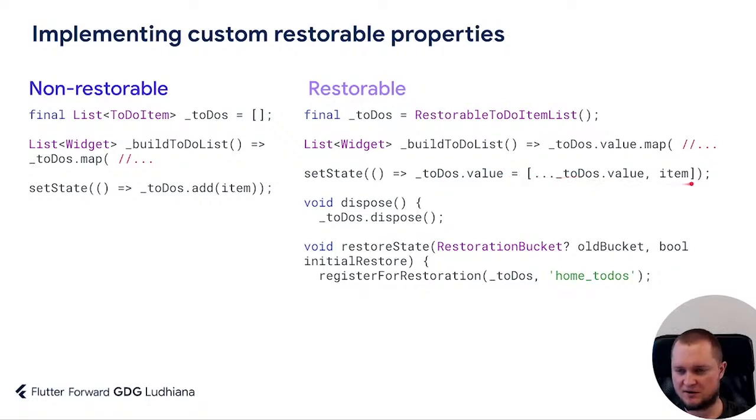And here is an important change which may not be obvious. We cannot add an item to the underlying list. I mean, we can write the code todos.value.add and it will compile. There will be no exception at runtime even, but it won't work.